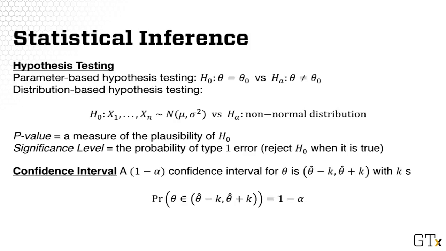For example, take a 1 minus alpha confidence interval, where 1 minus alpha refers to a 95% confidence interval. If we obtain 100 different sets of realizations from the data, and we estimate the confidence intervals for all the 100 sets of realizations, we'll obtain 100 confidence intervals.